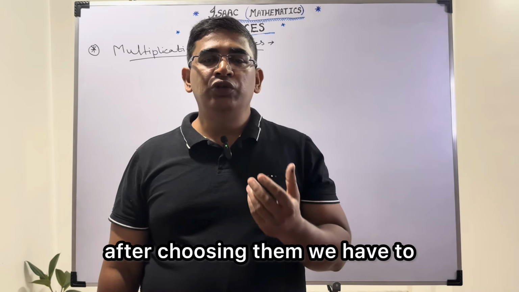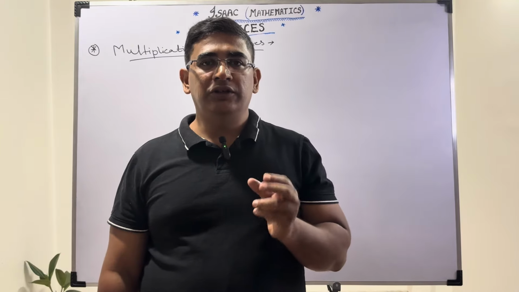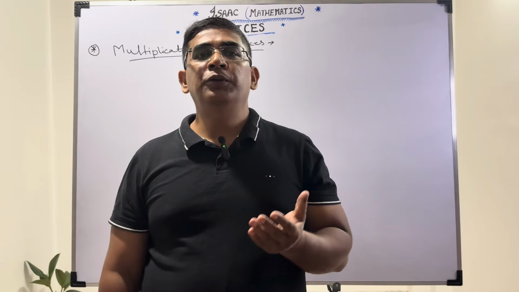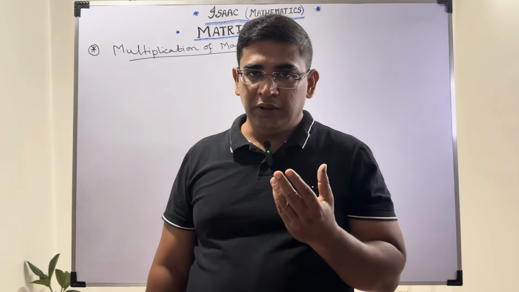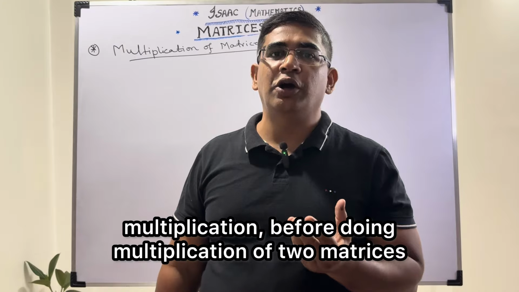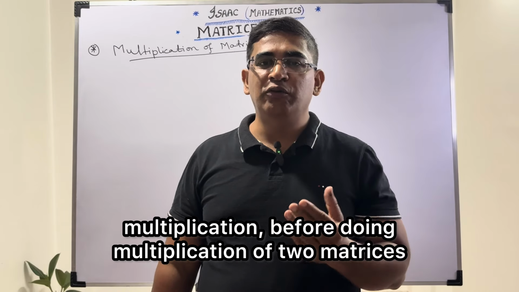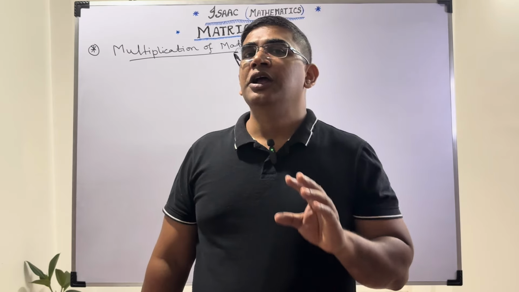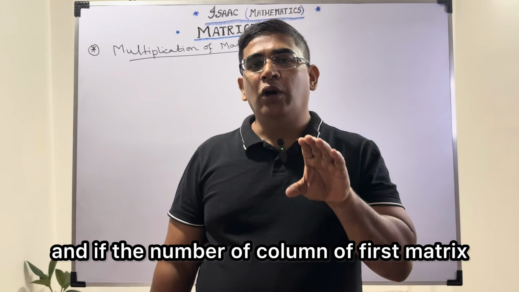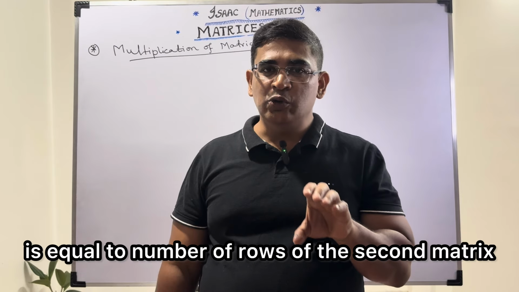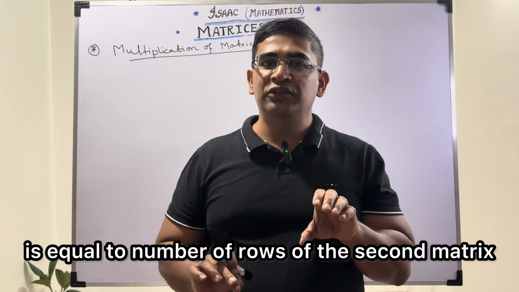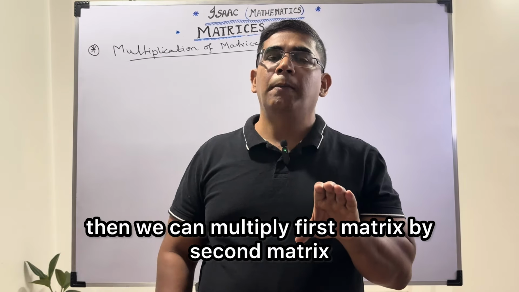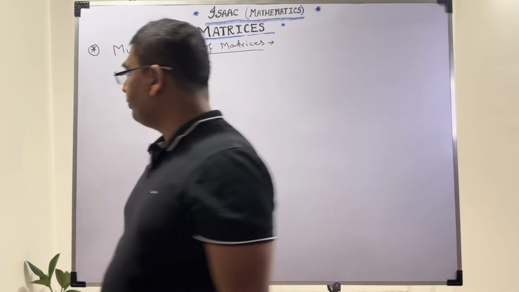After choosing them we have to study their order. Before doing multiplication of two matrices we have to study their order. Okay, and if the number of columns of the first matrix is equal to the number of rows of the second matrix, then we can multiply the first matrix by the second matrix. Okay.